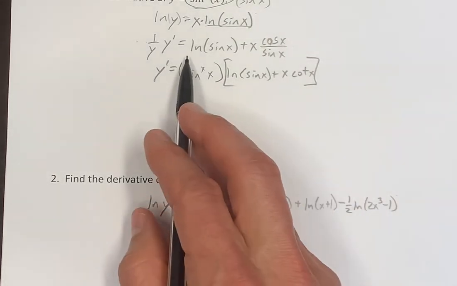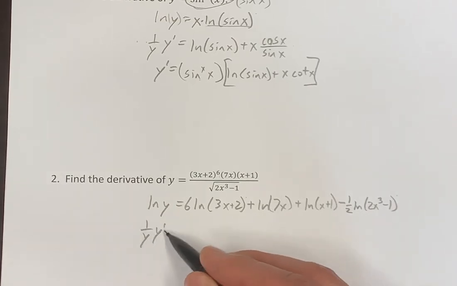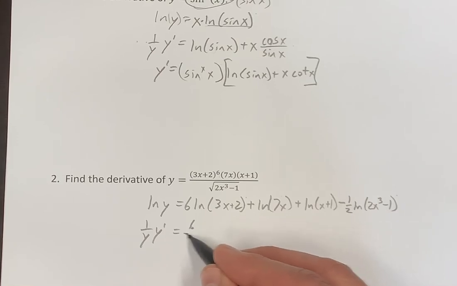Now I use implicit differentiation just like the last one. Shockingly, the left-hand side becomes 1 over y times y prime. 6 times this is 6.